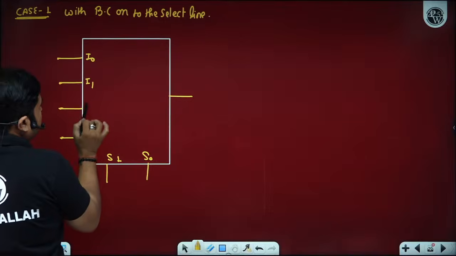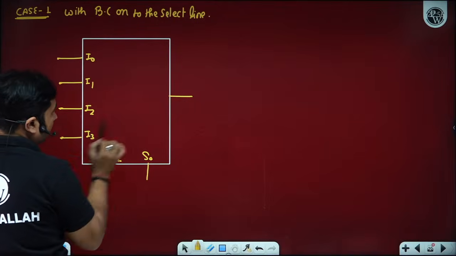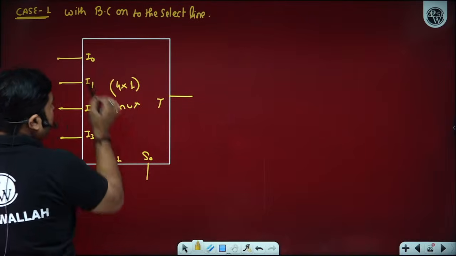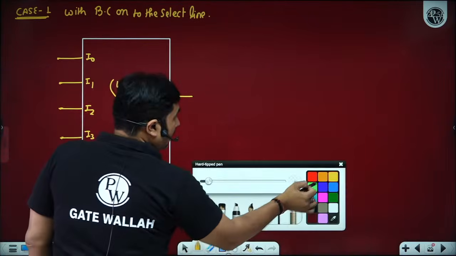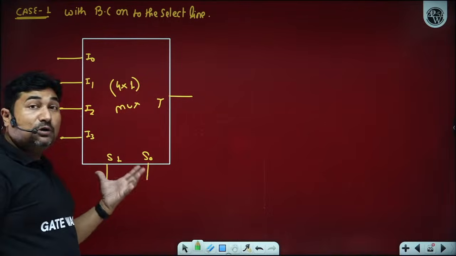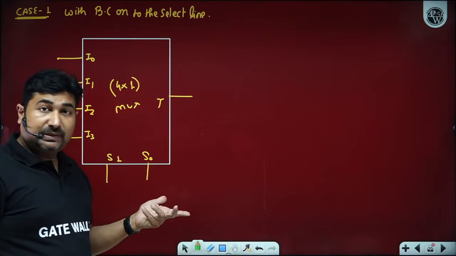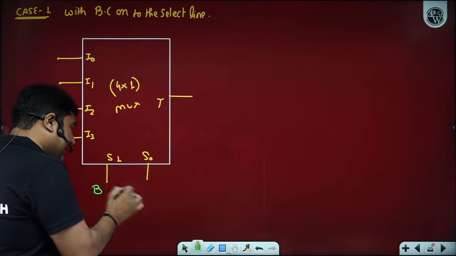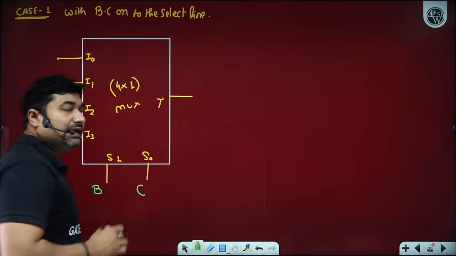Is it okay? Yes, sir. So I am interested to find out what are the inputs needed. Now onto the select line, if we are going to choose BC, then out of B and C, which one is MSB? If C is the LSB, then B is onto select line S1 and C is onto select line S0.